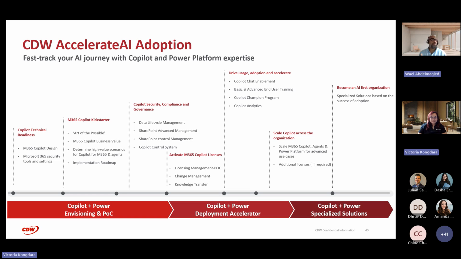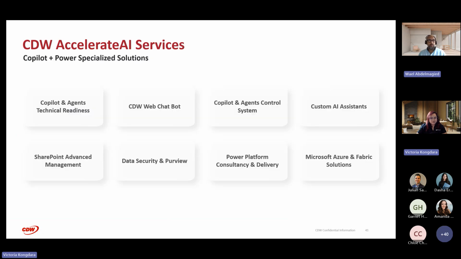Every customer can be in a different stage or pick and choose what fits them, but this is how we drive it. In the next slide, we start to talk about the different solutions we offer from CDW.